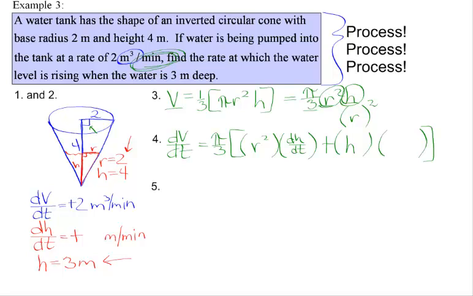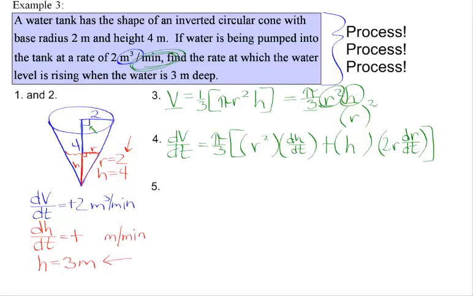That is a composed function. The derivative of any composed function requires the chain rule. So this is the derivative of the outside, not changing the inside, times the derivative of what's inside with respect to time. So there's my derivative function. Now, I have several variables here.